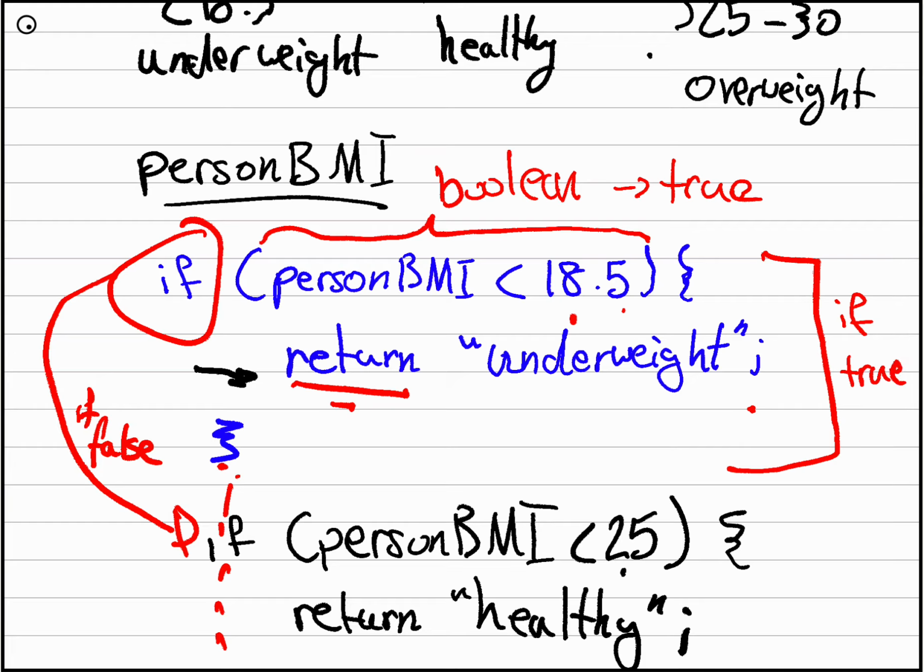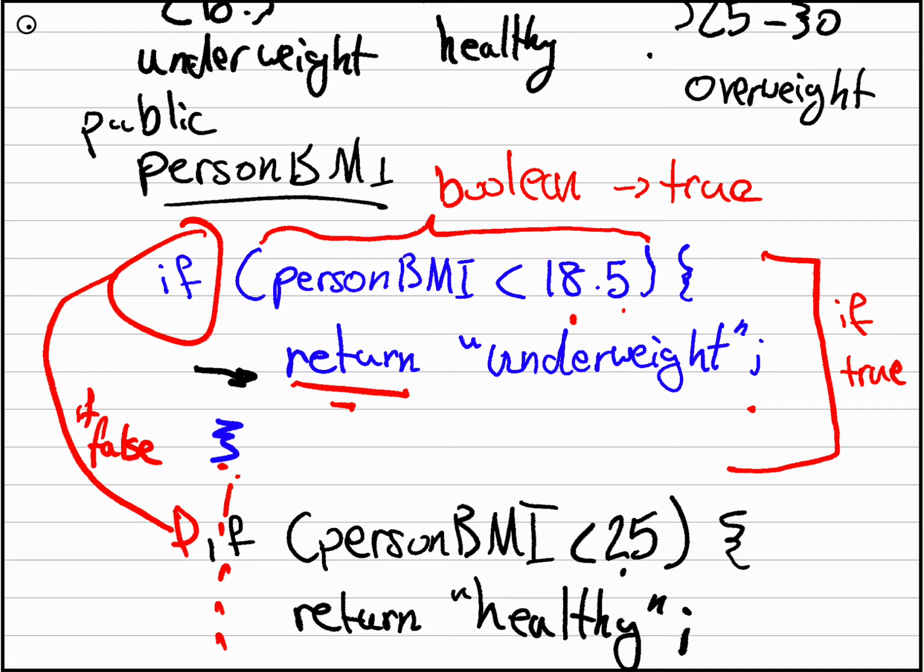Okay. So if you write this, let's say this is inside a method called body weight type, and it would be something like this: public body weight type. Oh, actually, it would need to be... What's its signature? Signature, not purpose statement.